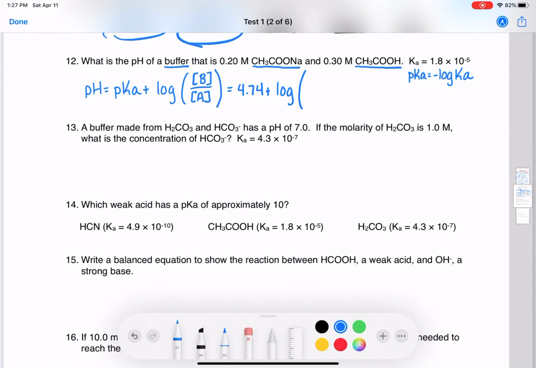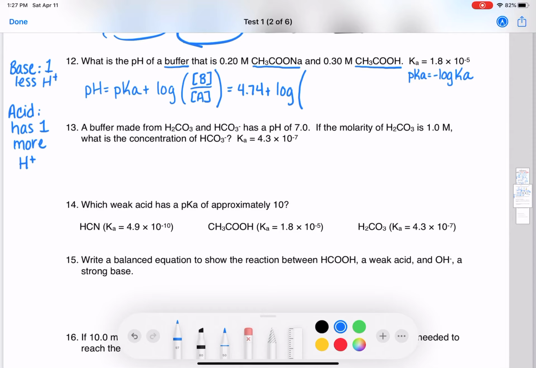It's easier to start with the acid. The acid has 1 more hydrogen than the base. Because remember, an acid's job is to donate a hydrogen, so that means it's going to have an extra hydrogen. The base has 1 less hydrogen than the acid.